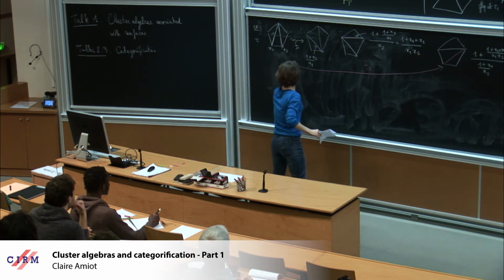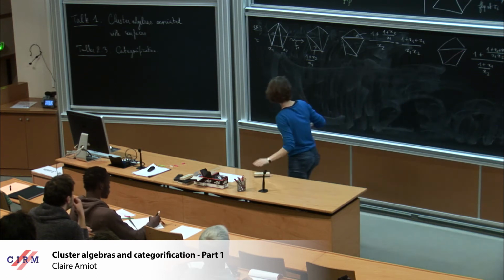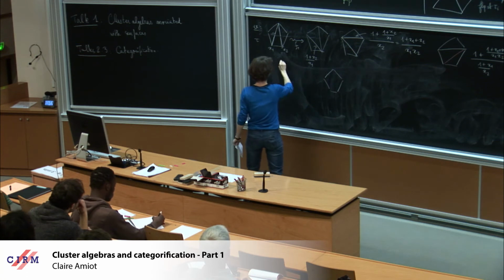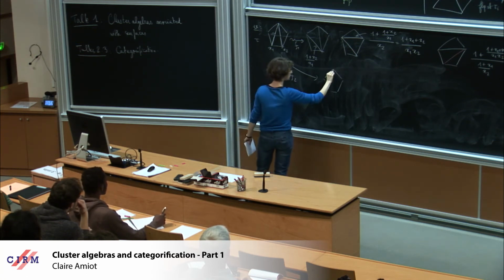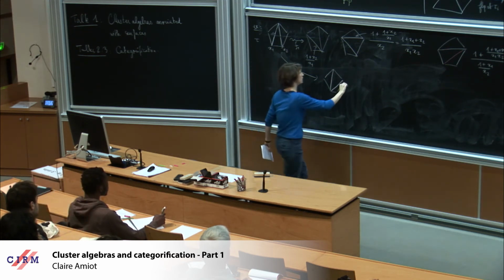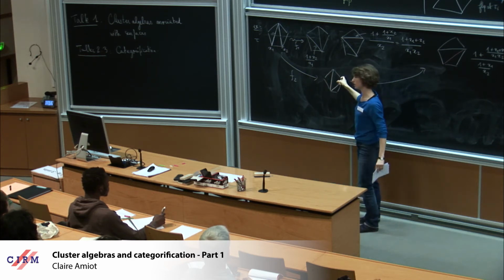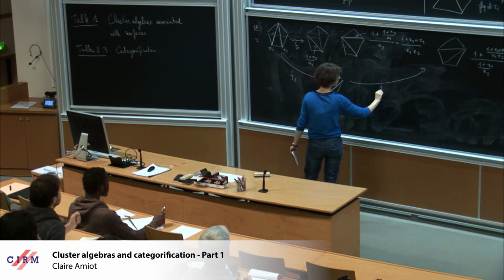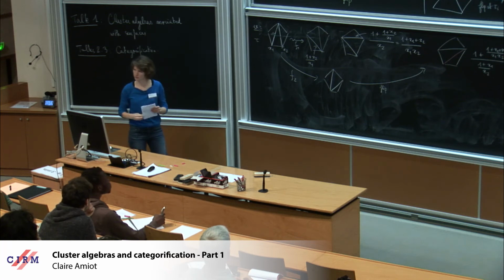I should have said. So this would be F2. What interests me is the value of this arc, and here you again have a flip. So, okay, you have the following picture.